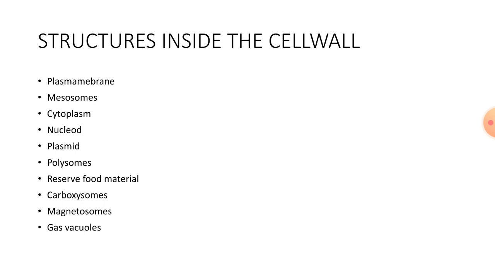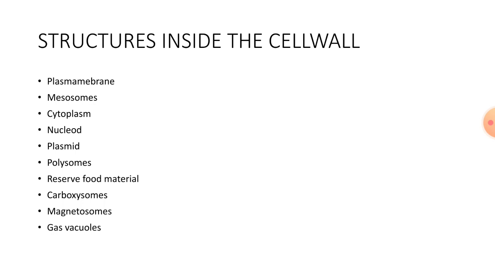Below the plasma membrane, the inner liquid part of the bacterial cell is called cytoplasm, which consists of minerals, reserve food materials, nucleoid, plasmid, polysomes, carboxysomes, magnetosomes and gas vacuoles. The liquid part of the bacterial cell structure is broadly called cytoplasm.